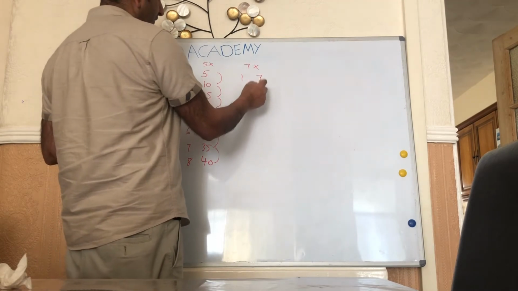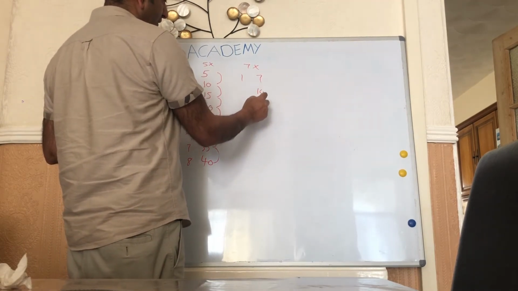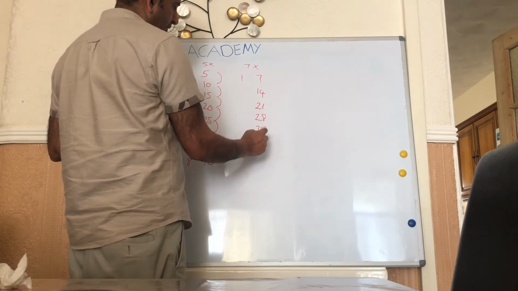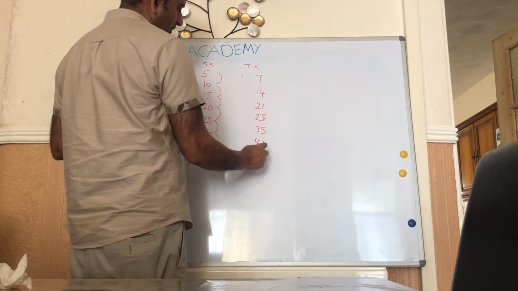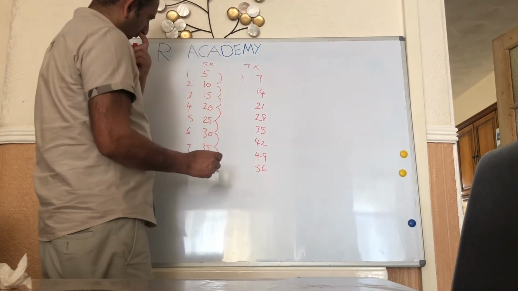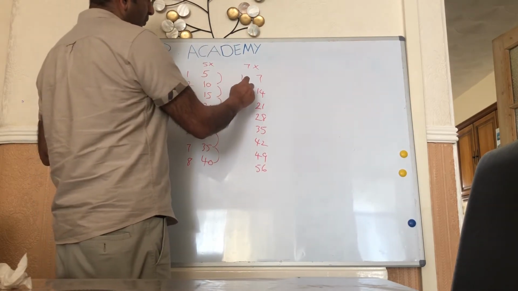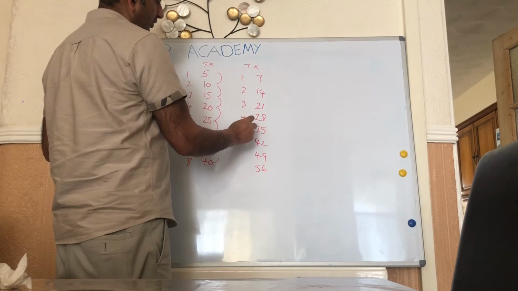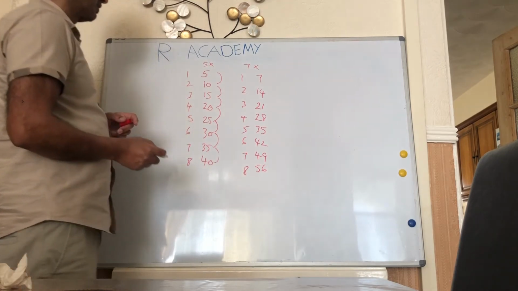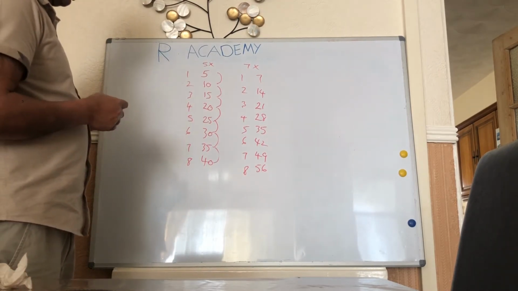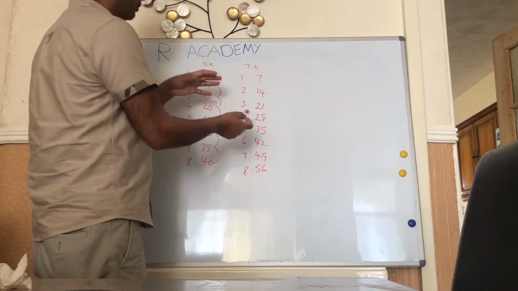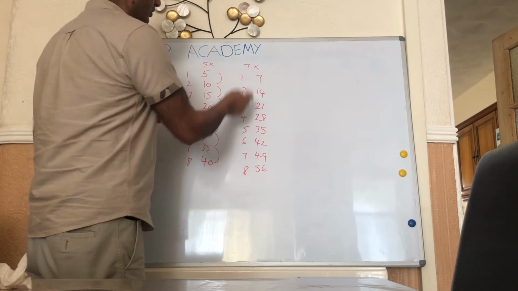So you can just say 7, add 7, 14, 21, 28, 35, 42, 49, and then 56. And then again you could just quickly put in 2, 3, 4, 5, 6, 7, 8, which makes it a lot easier for youngsters to work on something like this, as they can quickly then relate to this table because it's shorter and it's more abbreviated, and just say, oh, 4 times 7 is 28.